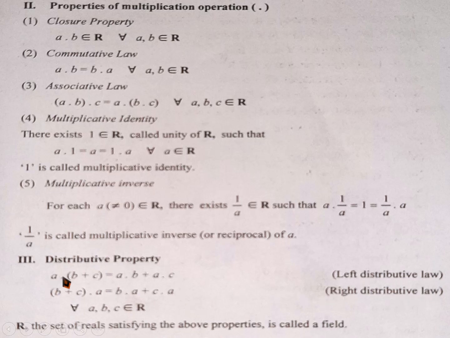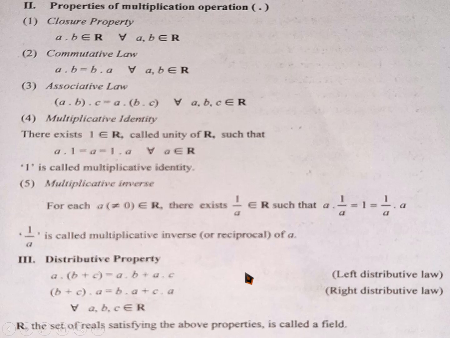Here a into b plus c is equal to a multiplied by b plus a into c, and then b plus c multiplied by a from the right side is b into a plus c into a. Both these laws are known as distributive laws.